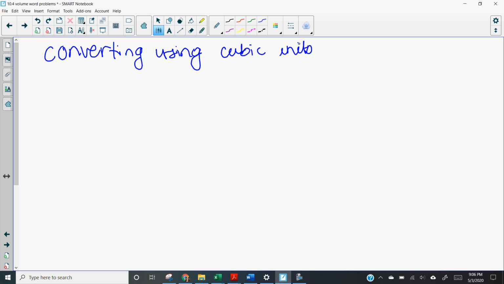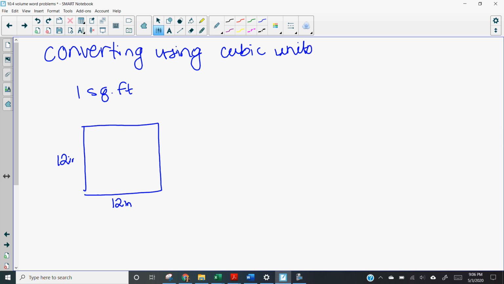This was something we discussed when we talked about area. If you remember, let's talk about like 1 square foot, what that looks like. So let's imagine you had a square that is 1 foot by 1 foot or 12 inches by 12 inches. If I found its area in square inches, like think about this.